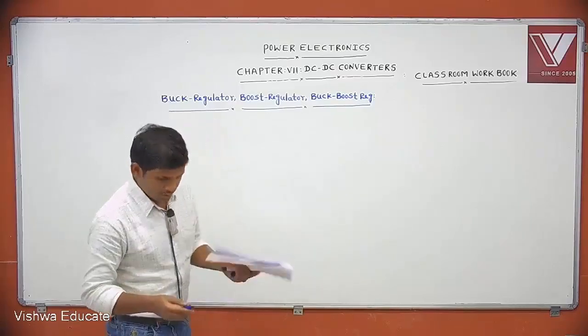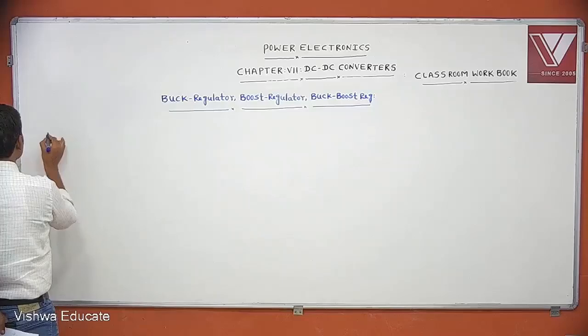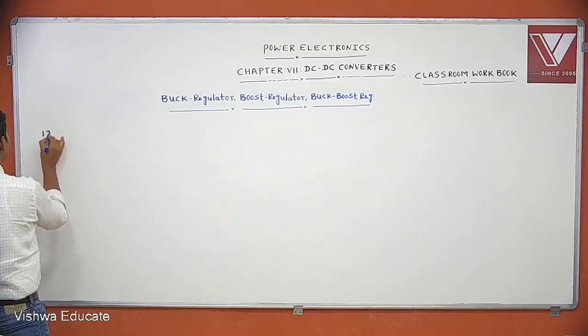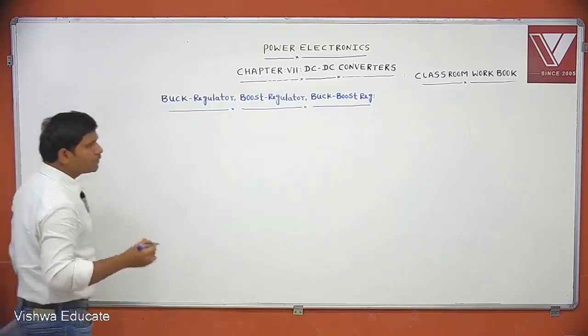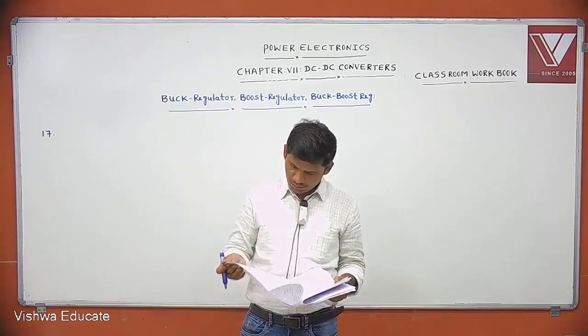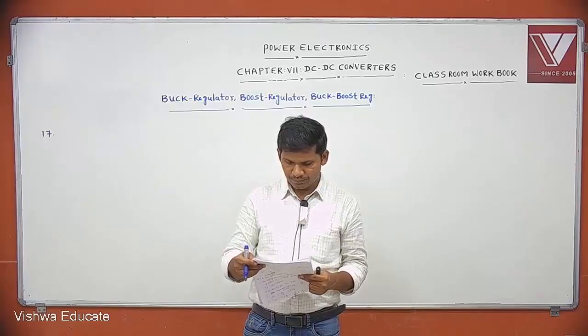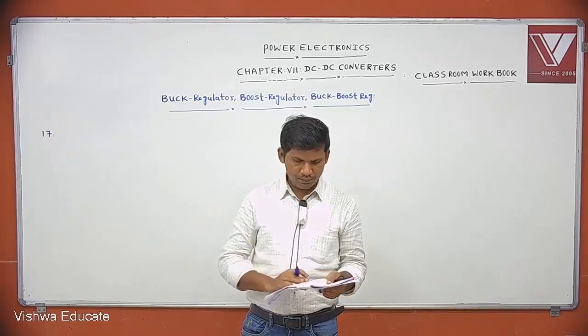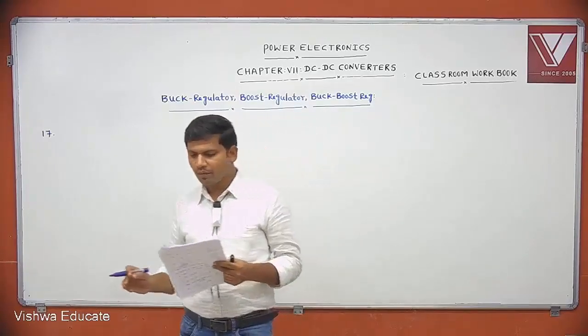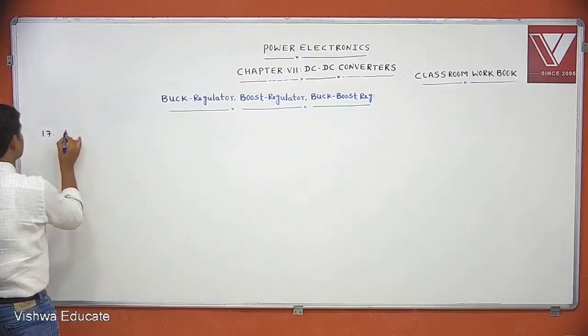See the solution for question number 17. Read the question. A buck converter has an input voltage of 14 volts.